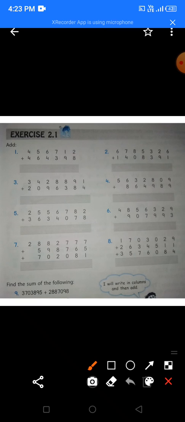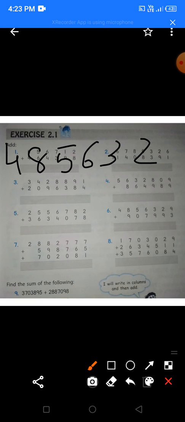Now how will you solve question number 6? Just write down. So we will write down the question. This is the question and then we will add. Numbers below number.